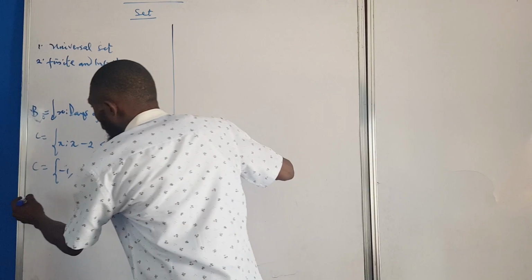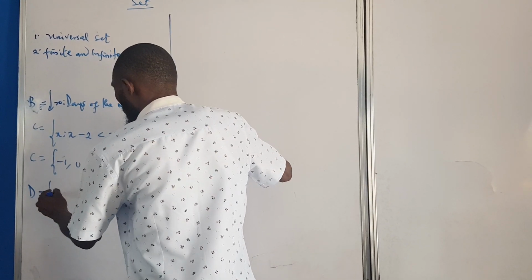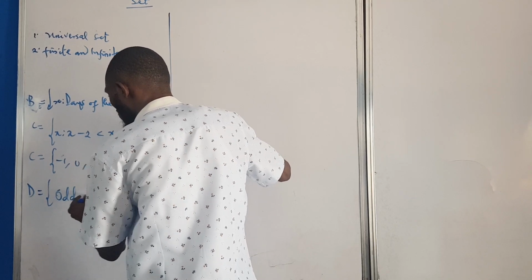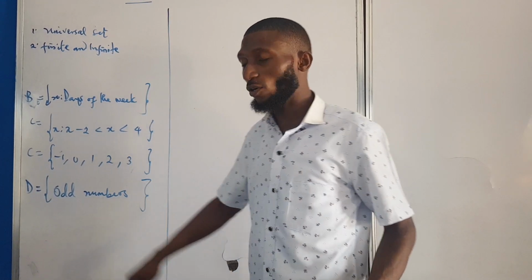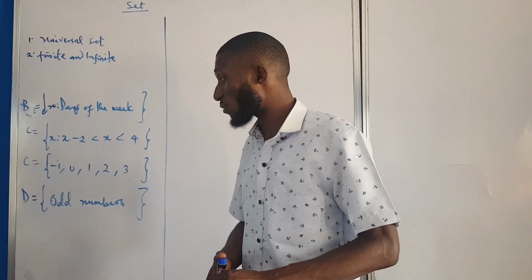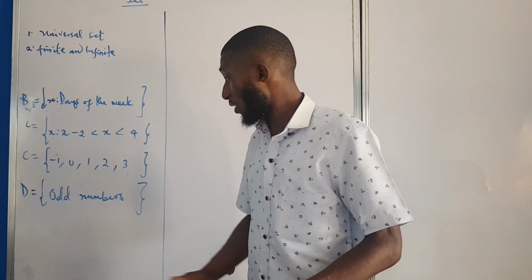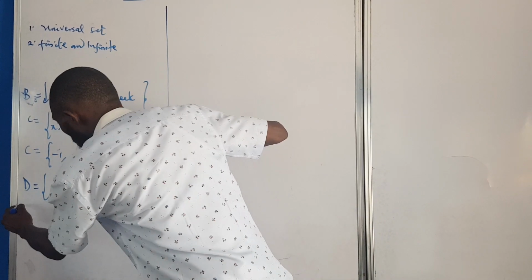But let's say D is another set, which is odd numbers. All the odd numbers. You don't know all the odd numbers we have. We have as many as we can. You understand? So this one is not finite. Or let's say all the natural numbers.